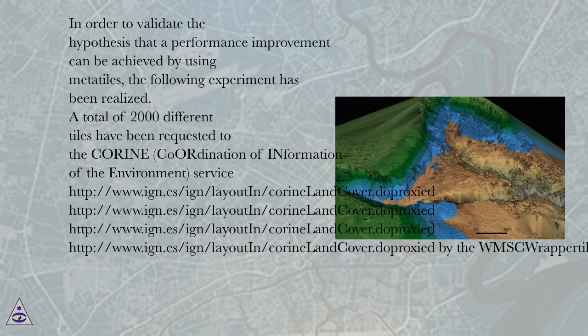In order to validate the hypothesis that a performance improvement can be achieved by using metatiles, the following experiment has been carried out. A total of 2,000 different tiles have been requested from the CORINE, Coordination of Information on the Environment, land cover service, proxied by the tile cache.